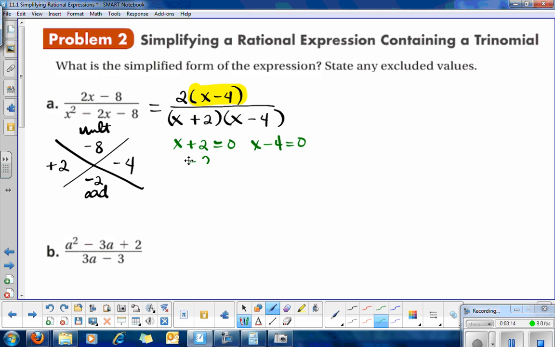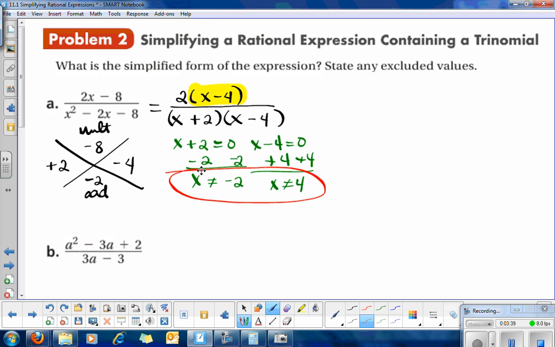So x cannot be equal to negative 2. And x cannot be equal to 4. And of course, you could have done that in your head, the subtracting on both sides and all that stuff. But it's always good to show your work. So these are your excluded values.